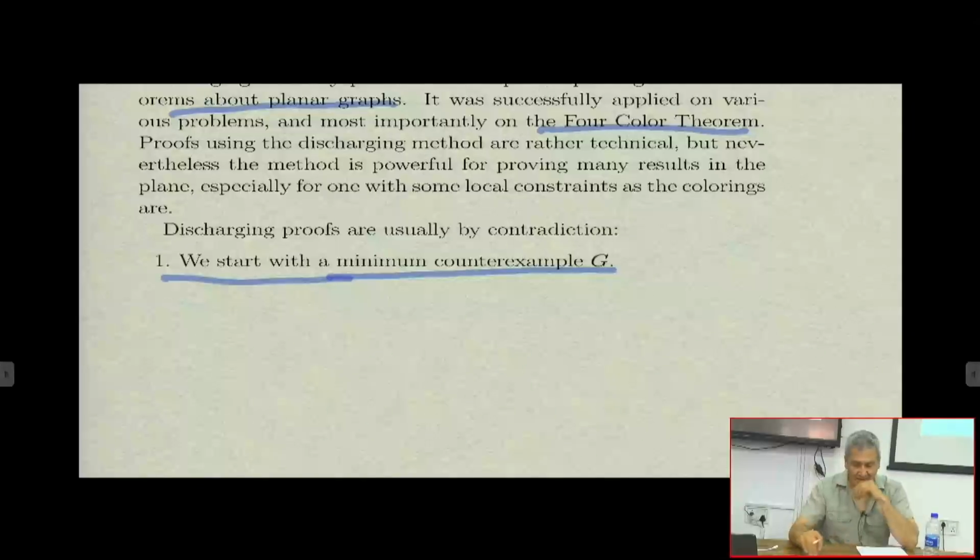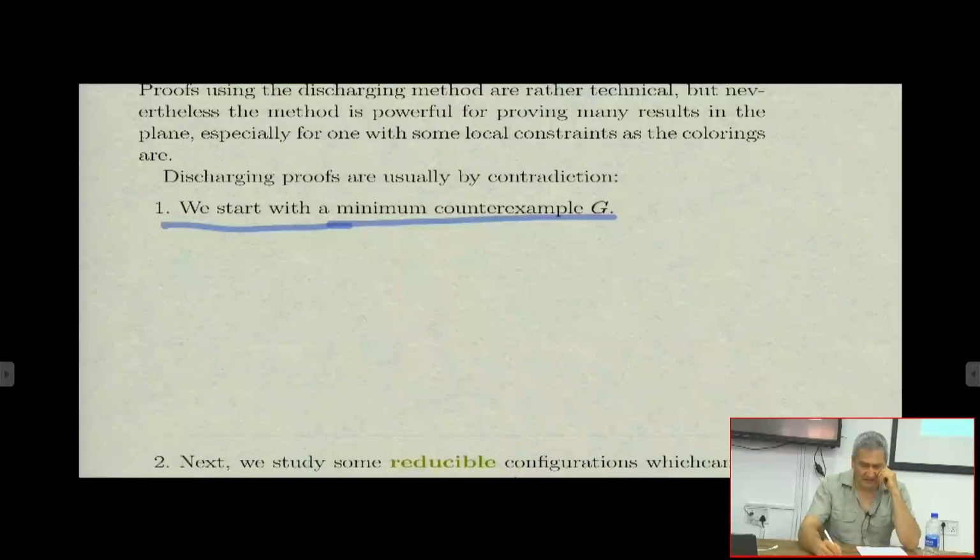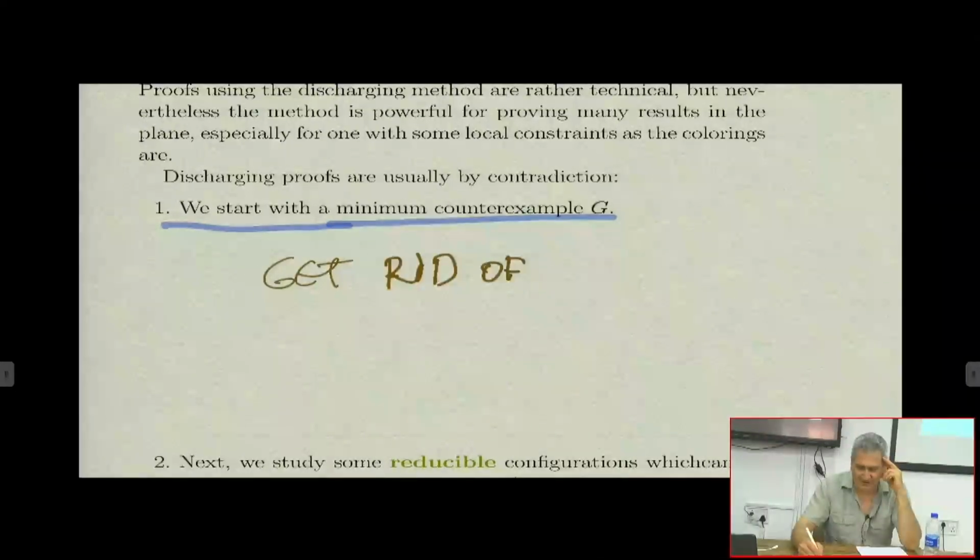This is the philosophical part: how do I get rid of easy things?